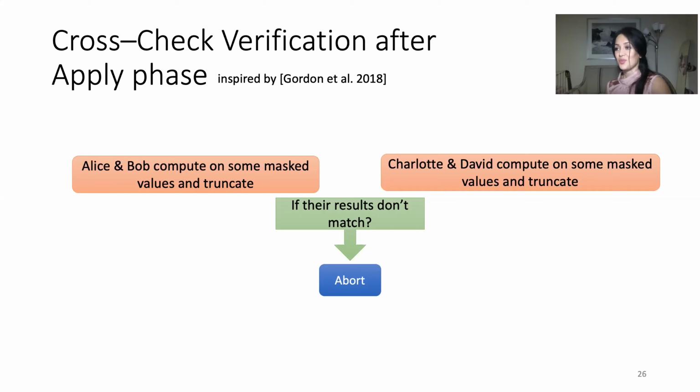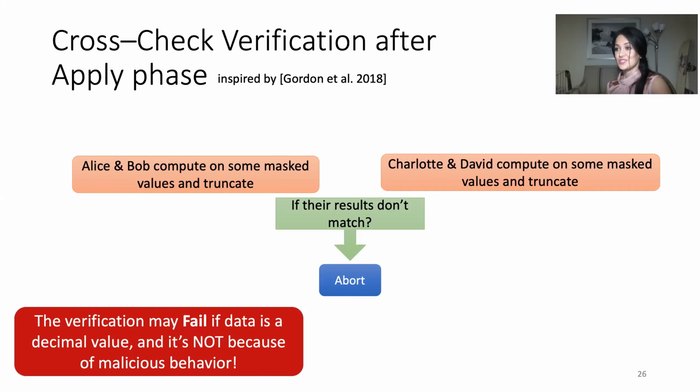But since in our computation we are dealing with decimal numbers to compute gradient descent, for example, in some occasions, the computation may result in different truncated values, and the cross-check validation will fail, and the parties consequently will abort, but not because of malicious behavior, only because of mathematical error. So we found a way to handle the truncation error securely without any additional overhead, and we discussed the details of that in the paper.